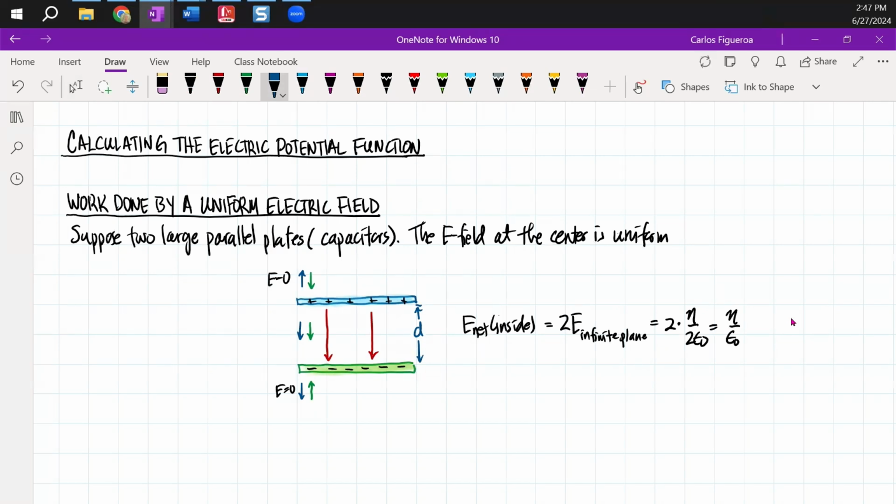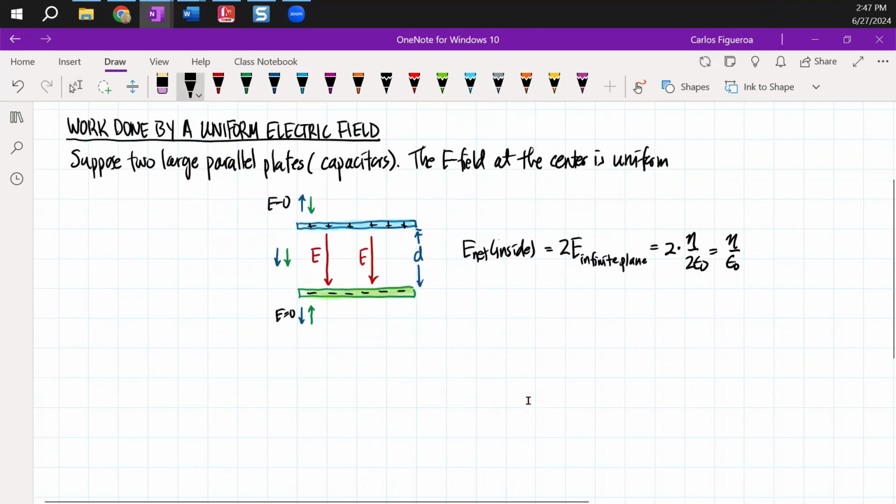Okay, so now I'm going to move this out of the way and I'm going to say that I have electric fields. So this is going to be my electric field. Here's another of the electric fields right here. And so now I'm going to look at charges.